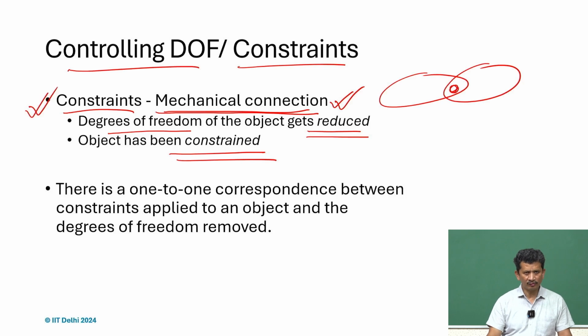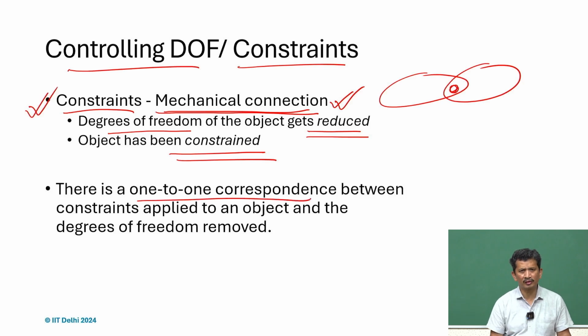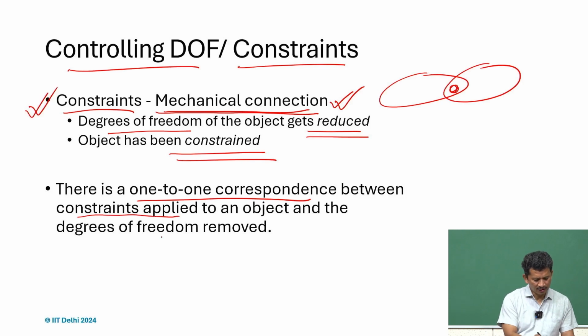What we also have to understand is that the moment we have any kind of constraint or mechanical connection between two objects, there is always a one to one correspondence between the constraints applied to that object and the degrees of freedom removed.